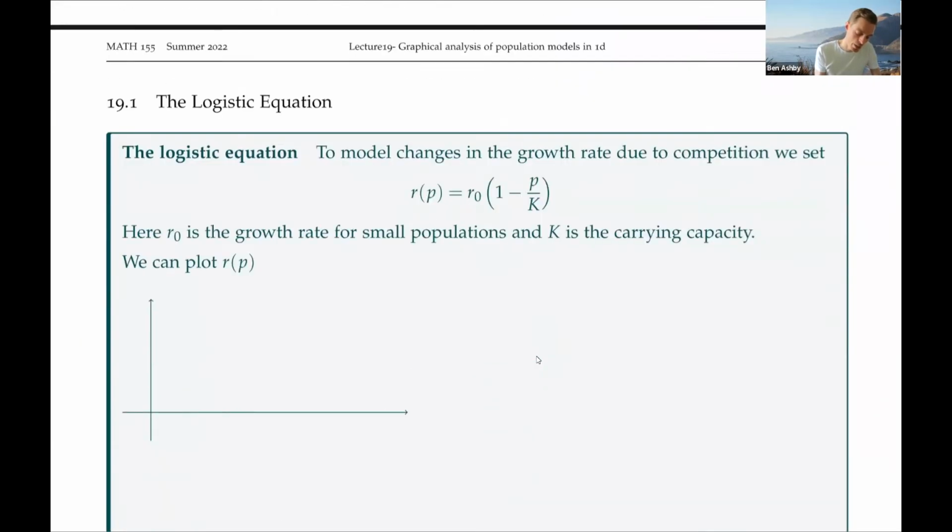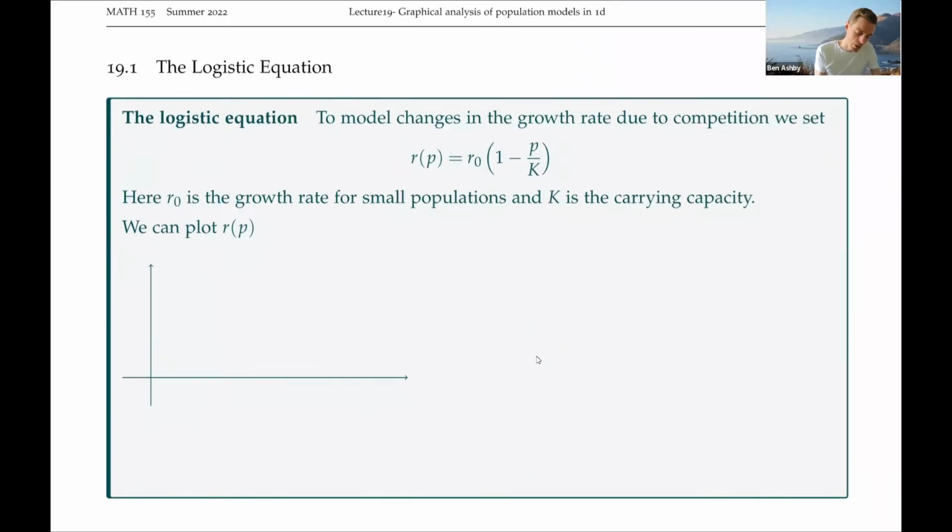Rather than having a constant growth rate, for example R0, we have a growth rate that depends on the population size P. We refer to R0 in this case as the growth rate for small populations. So if we imagine that P is very small, this essentially goes towards 0, and so our per capita growth rate of the population is just R0.